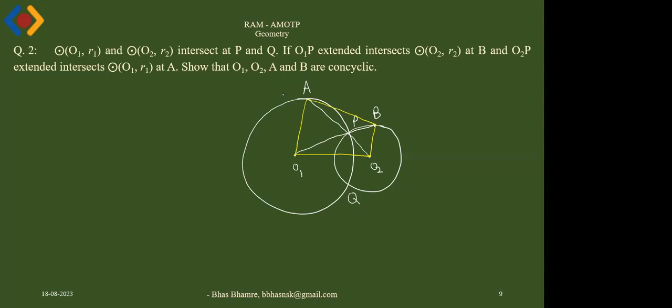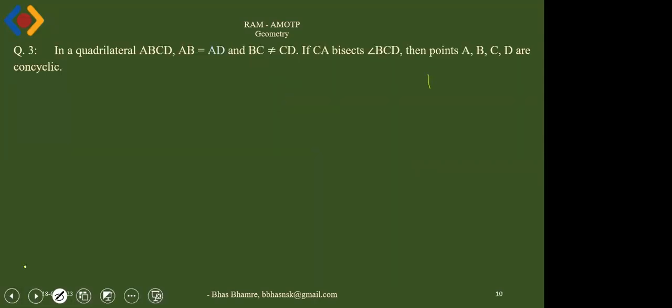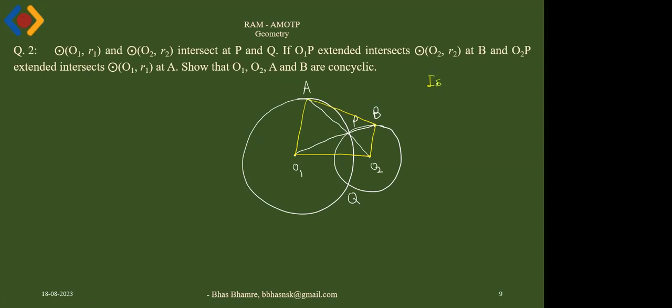Very good. Isosceles triangles, then vertically opposite angles.